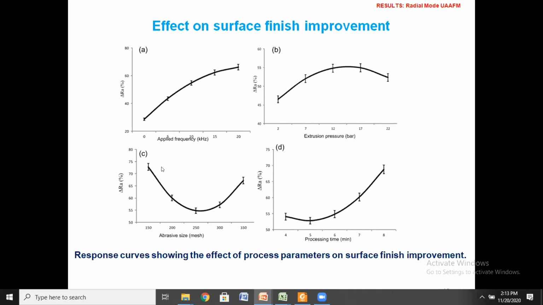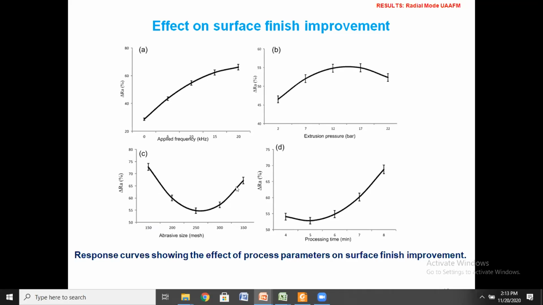Here you can see the abrasive mesh size has not shown much result. It is showing something in a reverse manner: initially it is showing better, then it is deteriorating, and then further it is increasing. The phenomenon in abrasive size is basically, if the mesh size is lower, it should show higher, that is, lower surface finish and higher material removal, right?